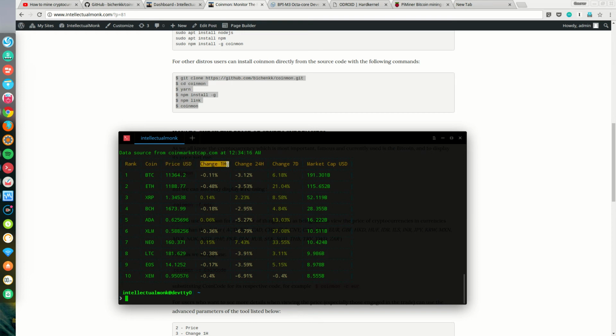Changes in last 1 hour. So here, like, Bitcoin has decreased by 0.11%, Ethereum has decreased by 0.48%. Then we have changes in last 24 hours. Then we have changes in last 7 days, and then we have market capital USD.